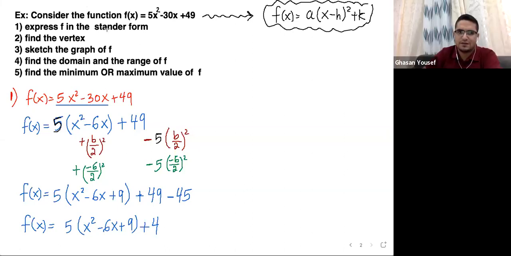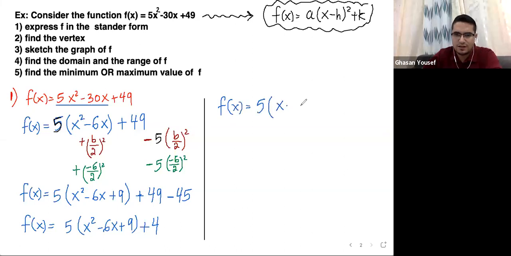This is correct. Nice. So again, we have to factor this just inside the parentheses. We're going to get something similar to the standard form. So let's factor inside the parentheses. x squared minus 6x plus 9 is, like she said, f of x equals 5 times x minus 3 squared plus 4.